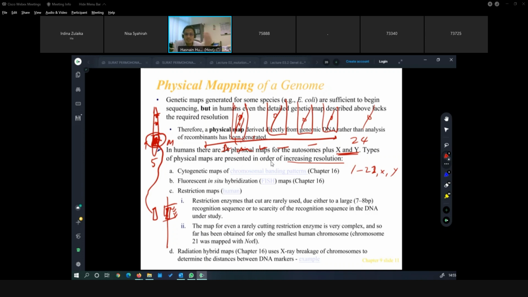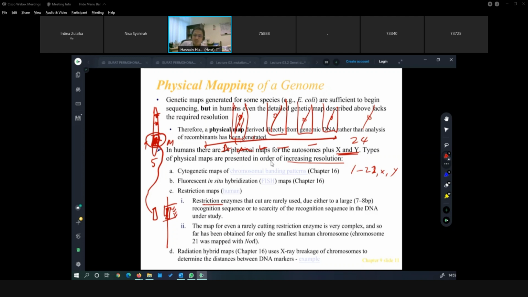Then another way to do it is by restriction mapping, in which you can treat the chromosome and they produce certain fragments, so that you know this restriction enzyme cuts only in chromosome number 2 or chromosome number 20, for example.